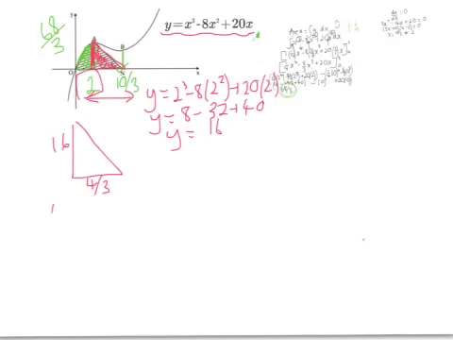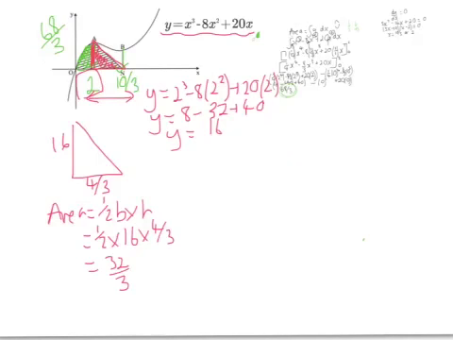Okay, so area of a triangle is a half base times height. So it's a half times 16, that's the height, times the base, which is 4/3. I reckon that it's coming out altogether as 32 over 3. Okay, final answer.